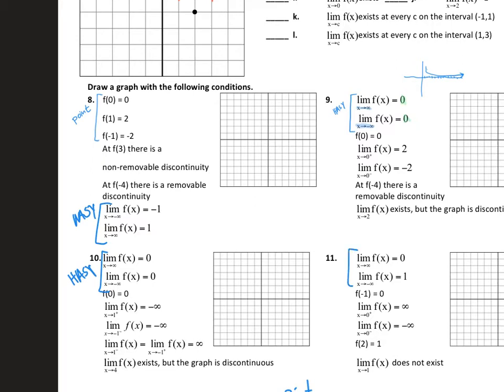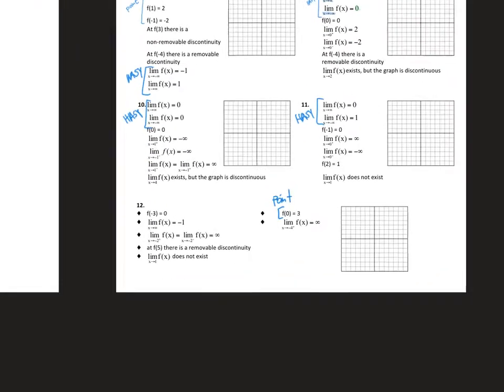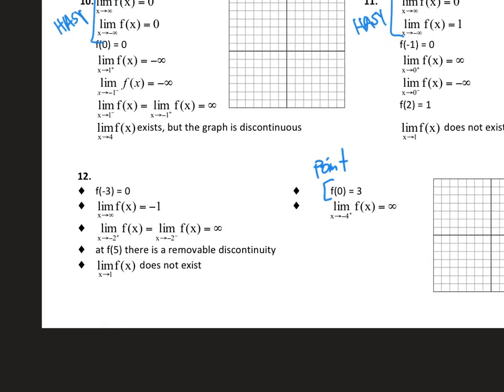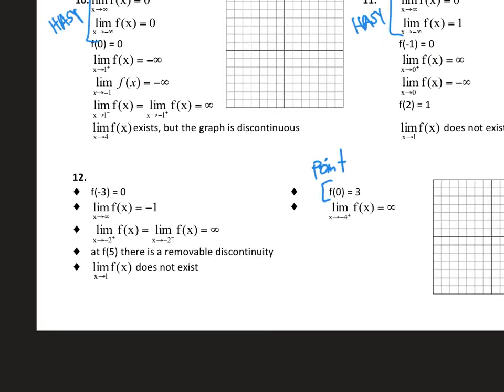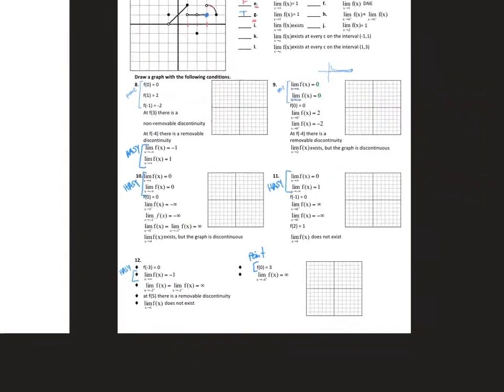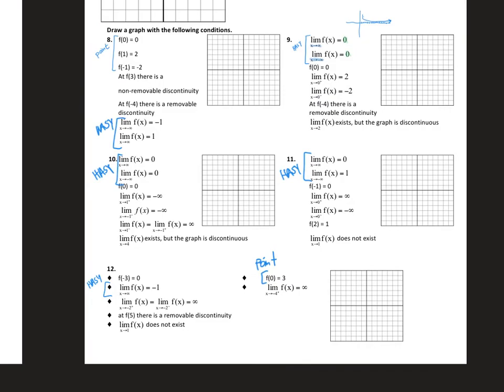So here I see a couple of HASIs, and here I see a HASI. Okay, I think that's it. I might have missed some, but I hopefully got them all. All right, so that's when we have a HASI.